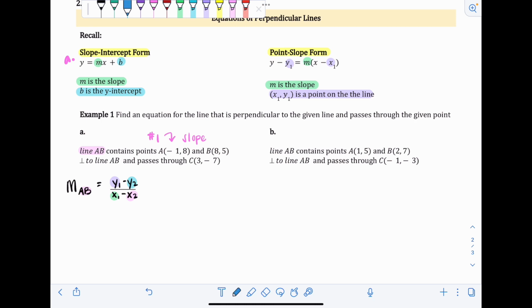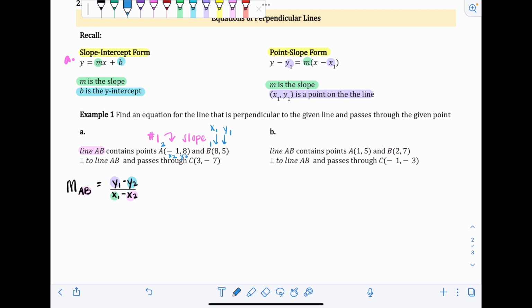Again, it doesn't matter which point is which. I'm going to say this is my point 1 and this is my point 2. So this will be my x1, y1, x2, y2. Sorry, that's kind of squeezed in there.